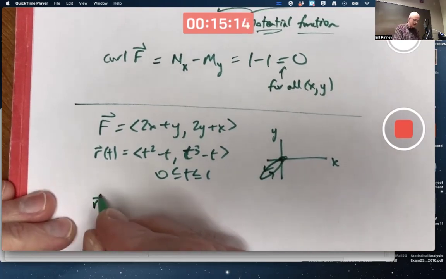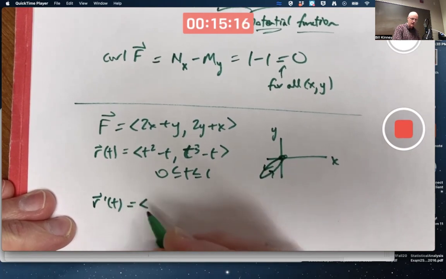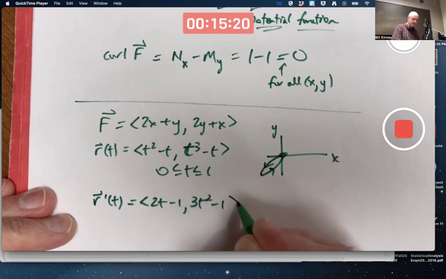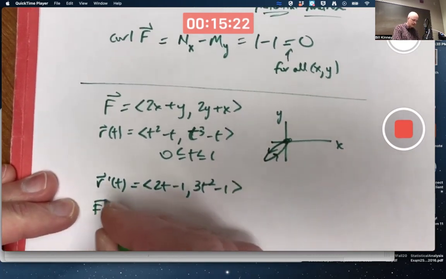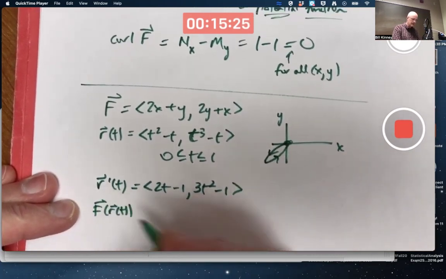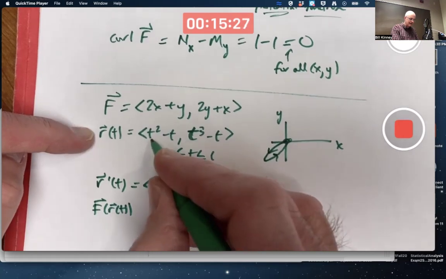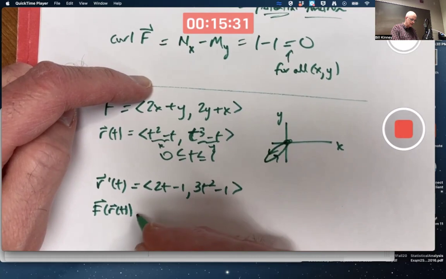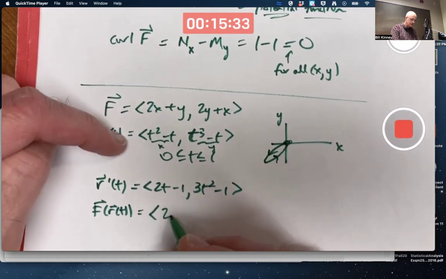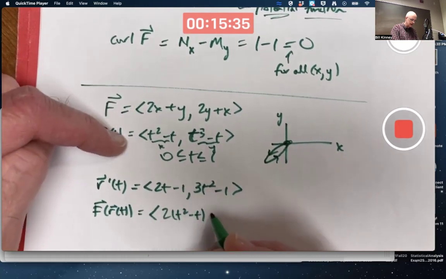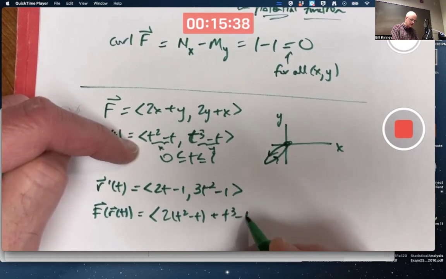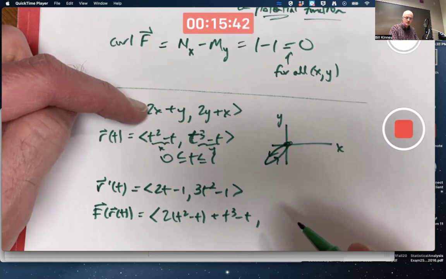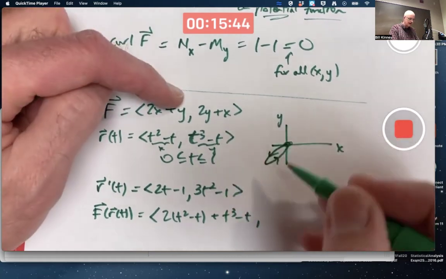Let's confirm that, as you should have done in the homework. R prime is 2t minus 1, 3t squared minus 1. F of R of t, I need to plug in this x and this y into here. So I get 2 times t squared minus t plus t cubed minus t. That thing gets multiplied by 2. This thing is just added.